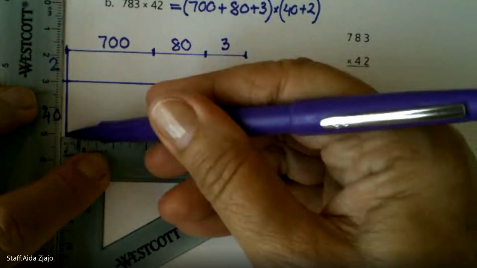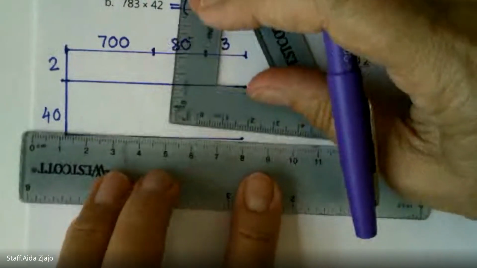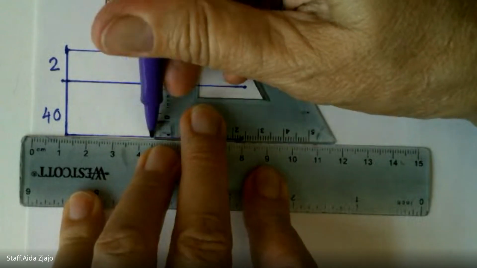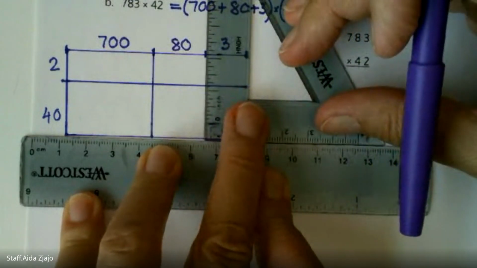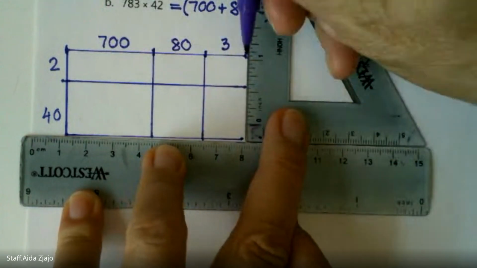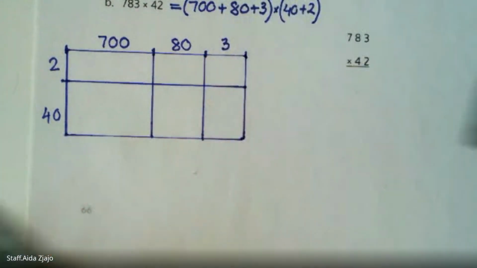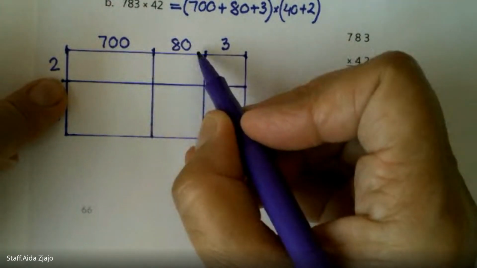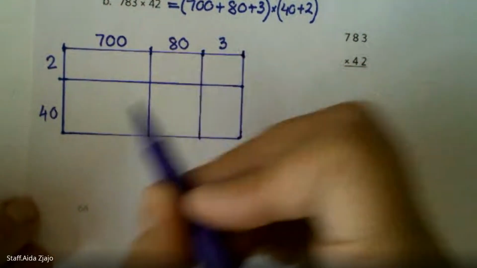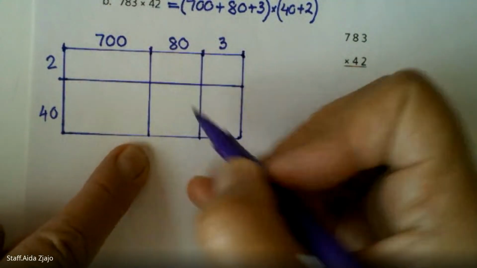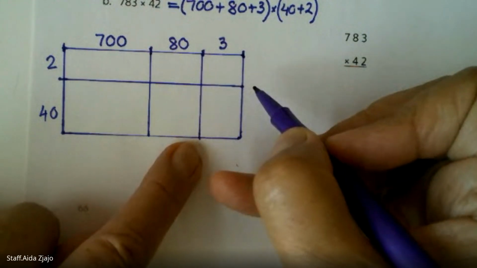Okay, and then separate the 700 with 80 and 3. Okay. 2 times 700, 2 times 80, 2 times 3. 40 times 700, 40 times 80, 40 times 3.